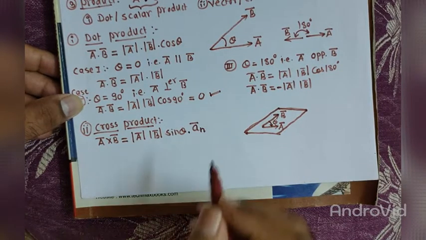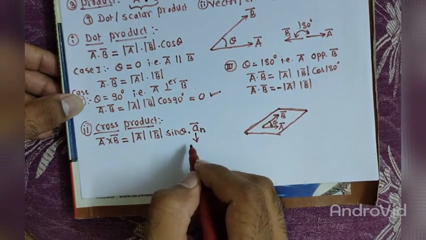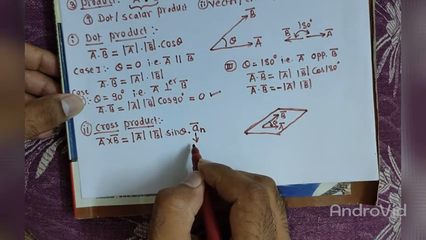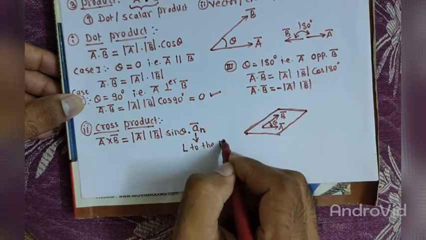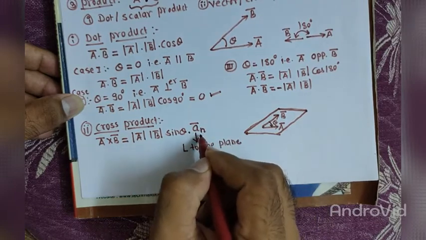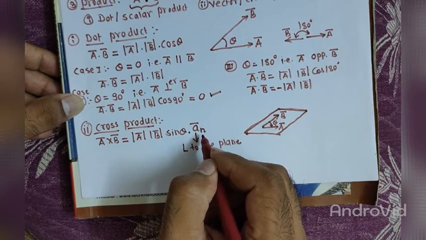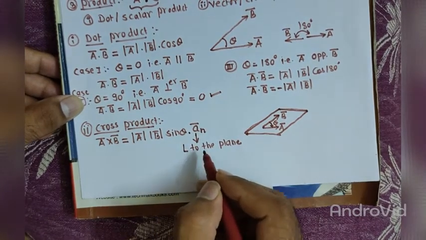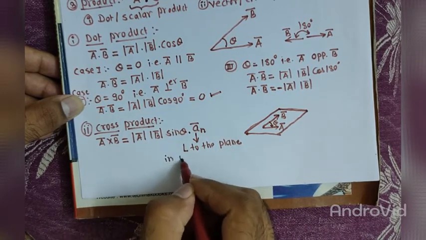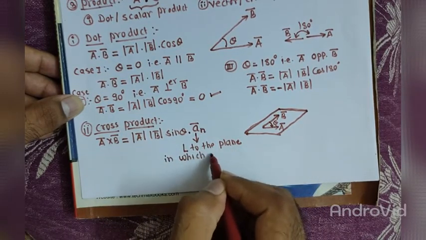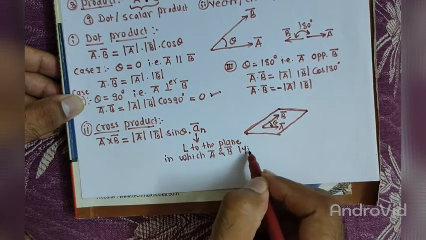It is the unit vector which shows the direction which is perpendicular to the plane in which both vectors A bar and B bar are lying.